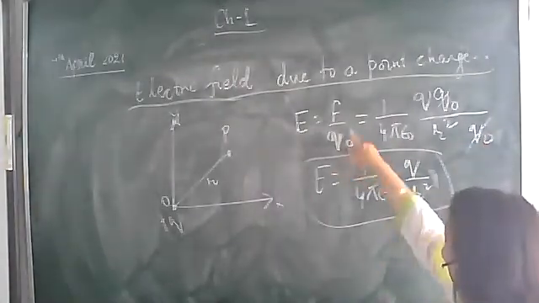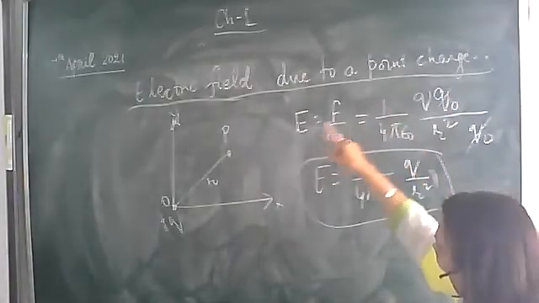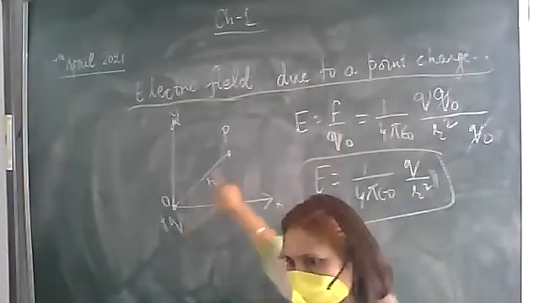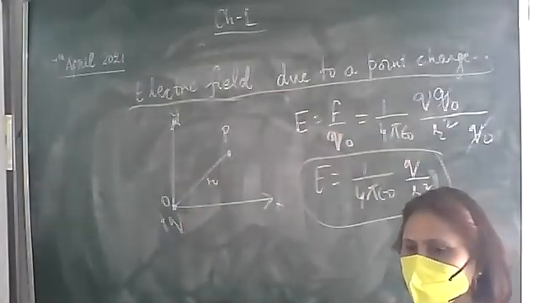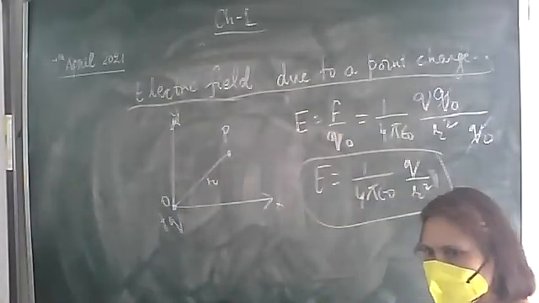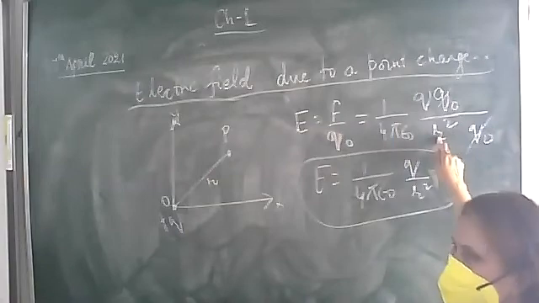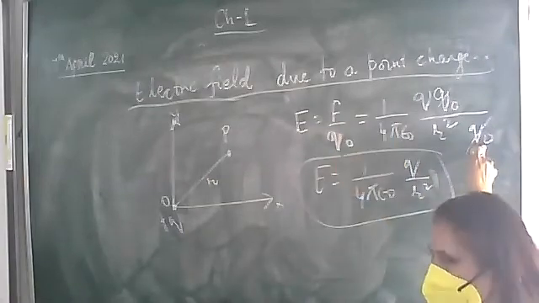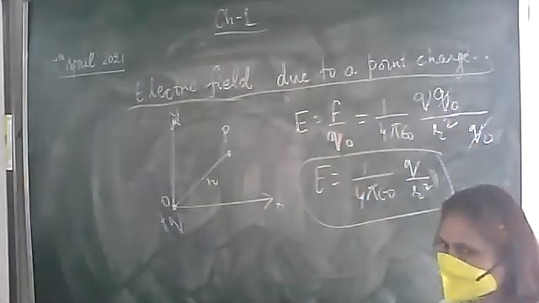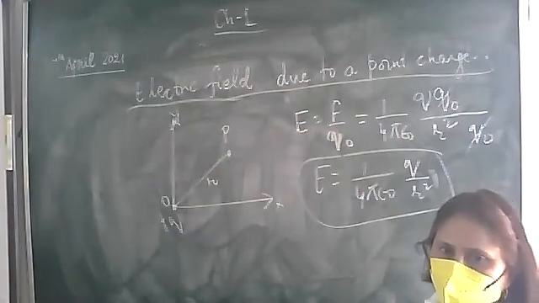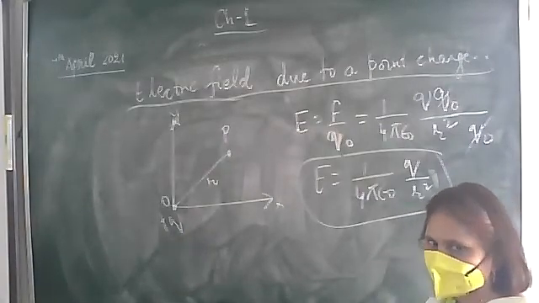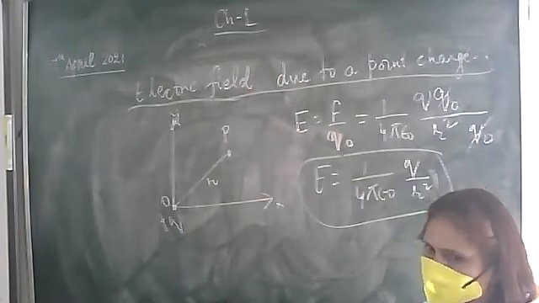The Q naught charge we have brought here will experience a force. How much force? According to Coulomb's law, K Q1 Q2 upon R square, that is K Q into Q naught upon R square, divided by Q naught. Q naught cancels out. So due to a point charge, the electric field is given by 1 upon 4 pi epsilon naught, Q by R square.